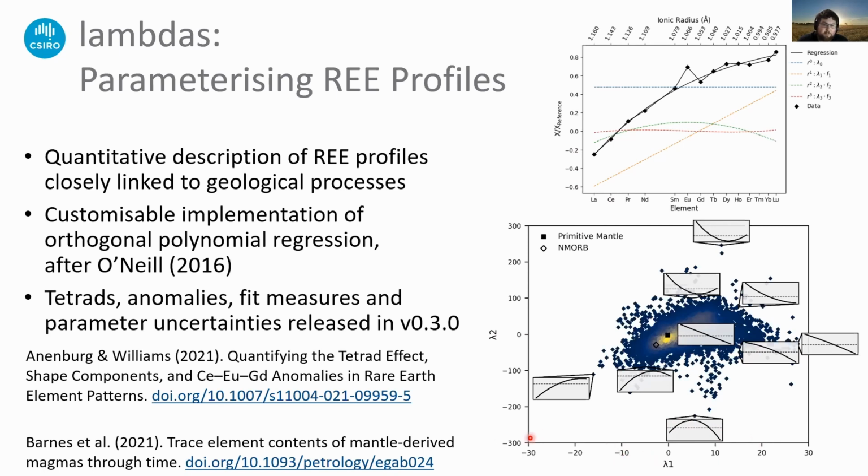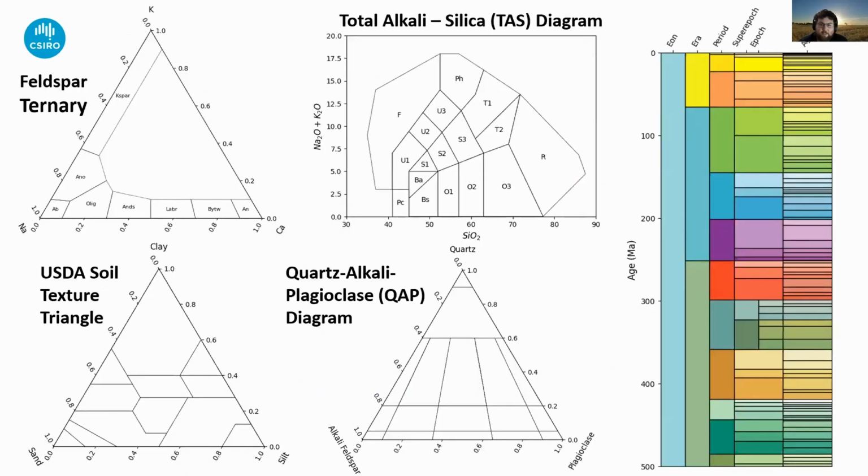So this is from a paper with Steve Barnes, and you'll find an abundance of other Pyrolite-derived figures there. But beyond just summarizing rare earth element patterns, lambdas are particularly useful if you want to use rare earth element data for modeling or machine learning, where the multicollinearity and the dimensionality can be a bit of an issue. So chat to me later if you're interested in that side of things.